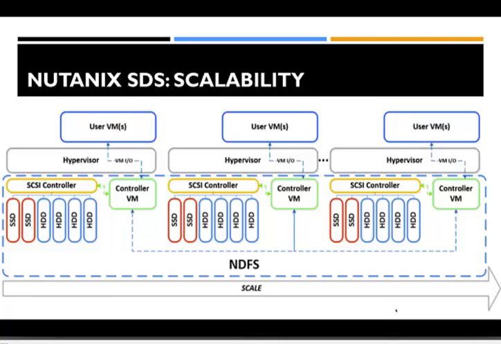So we add hardware and we add additional storage capacity when we scale in this way. So there's got to be some kind of overarching file system. In this case, it's NDFS, or the Nutanix Distributed File System, that manages it all, or we end up with stranded storage resources, just like in the bad old days.